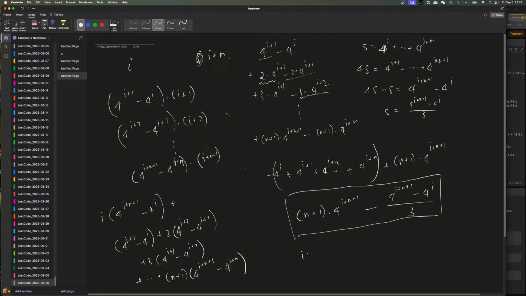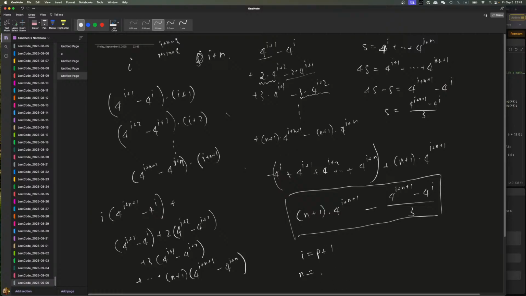So what's i? i is p plus 1. What's n? Because i plus n is q, and i is p plus 1, so p plus 1 plus n equals q.